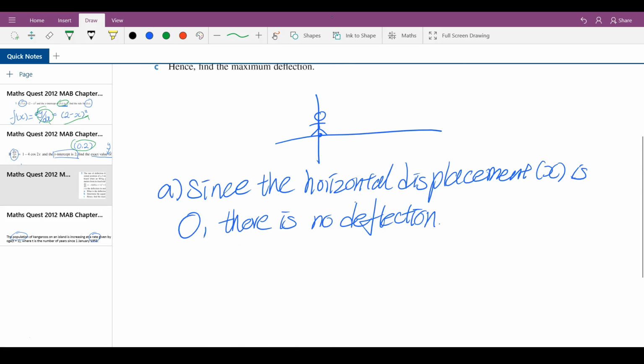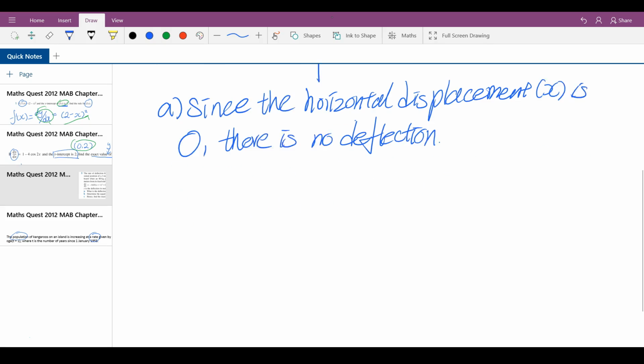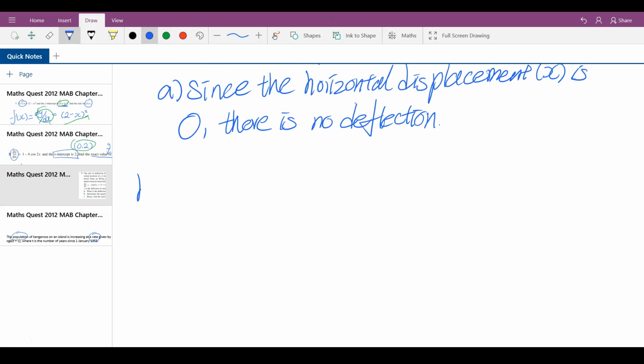So the rate of deflection is governed by dy/dx.